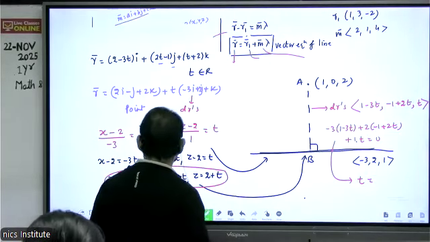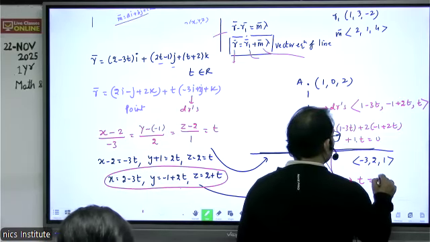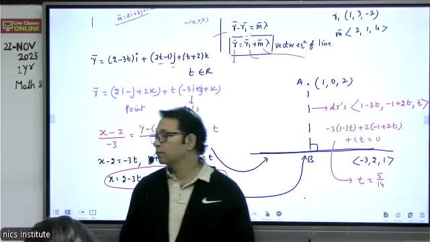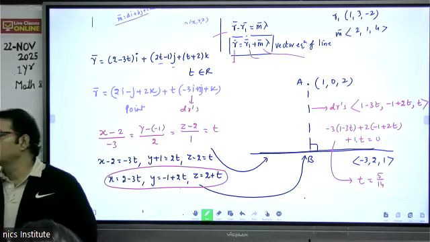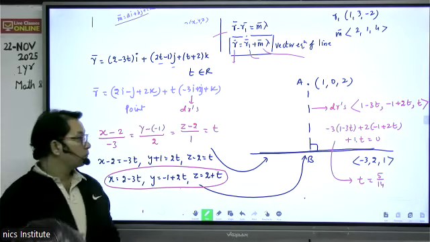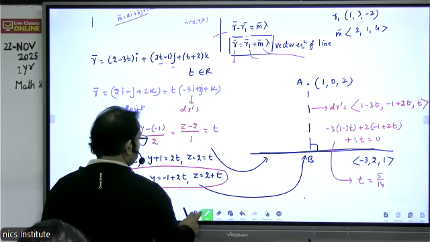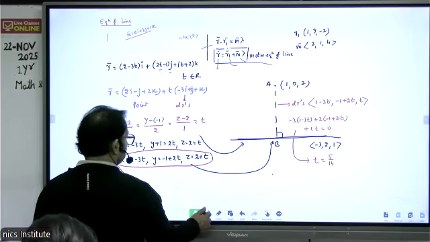Substitute in B, these are the coordinates of B, and t is 5/14. So once you substitute it, we get the coordinates of the foot of perpendicular.